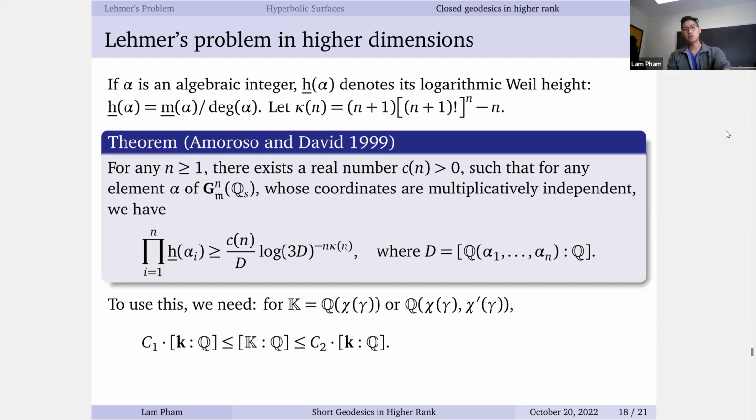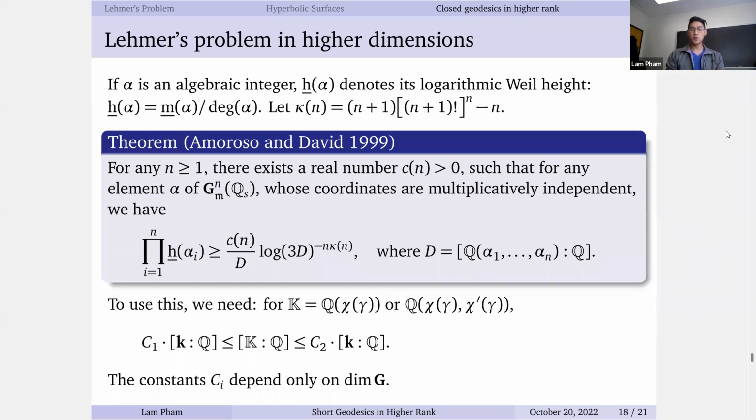So this lower bound depends on the degree of the algebraic extension generated by this pair. So in this case, what we will need is to understand the algebraic extension generated by the different values of the characters at gamma. And here's a technical bound that you need to have, which is that this degree actually only depends on the degree of the trace field up to multiplicative constants.